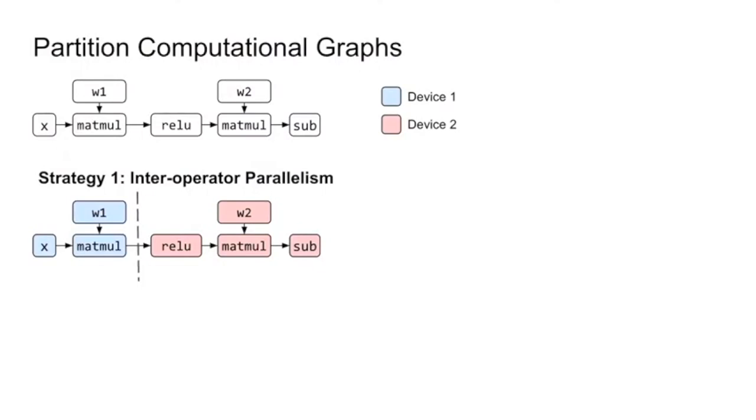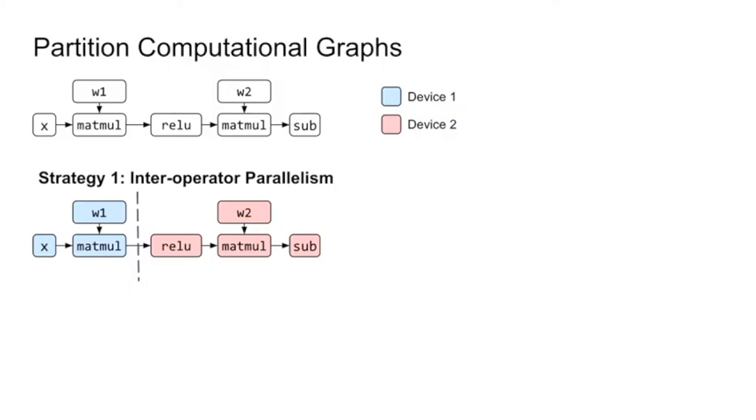So how can we partition the graph into 2 devices, device 1 and 2 here? The most straightforward way is to cut the graph in the middle and put them on 2 devices. And this is called inter-operator parallelism, right? And the cut is actually not too bad because the communication across this cut is small.